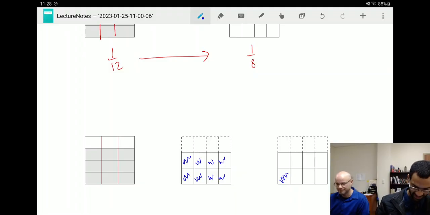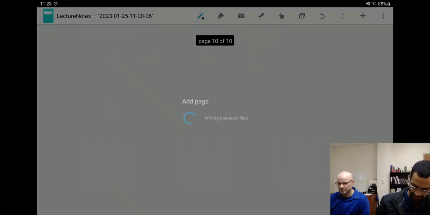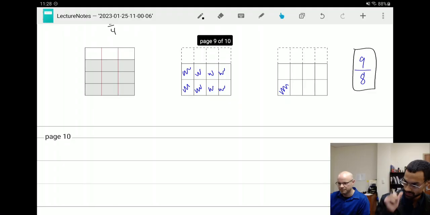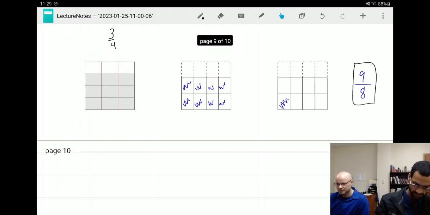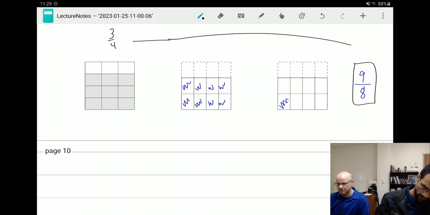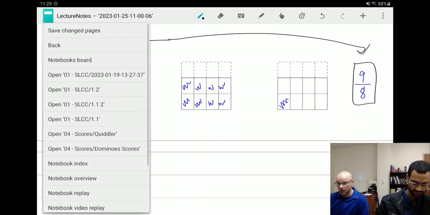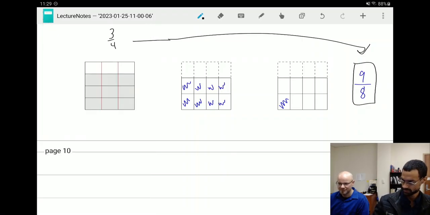So we have 9/8. So that 3/4 is now 9/8 in the new buckets. Okay, and I think that's that. Done. Boom. Yay, numbers.